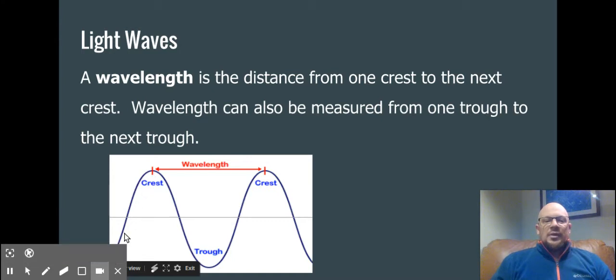Even here on this side, where you have a trough and it goes up to the crest, back down to the trough, that would be one wavelength. If you were measuring in the middle, you could even do that, and it would go through a trough, through a crest, back to the middle. That would be a wavelength, anywhere where the wave repeats itself. So this part, it's going down, it comes back up, and right where it goes down again would be a wavelength, or the tops or the bottoms.